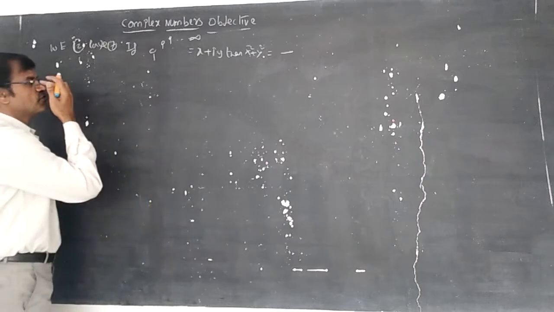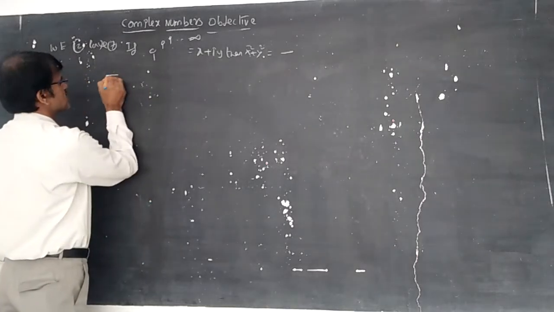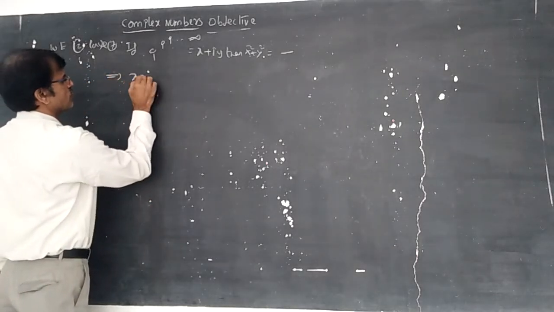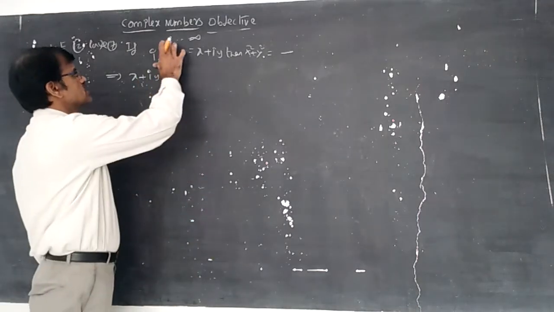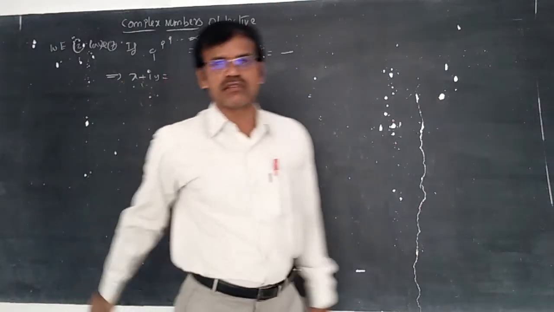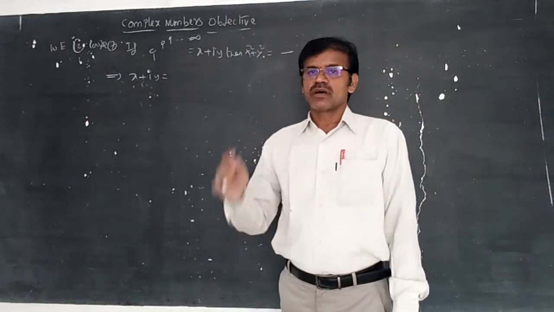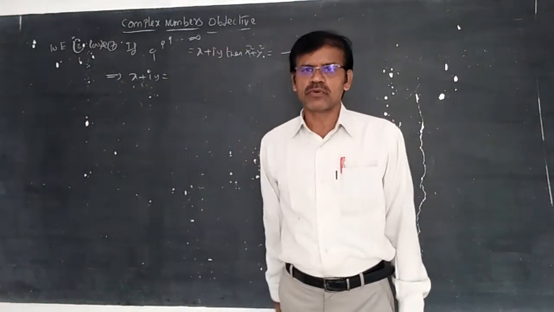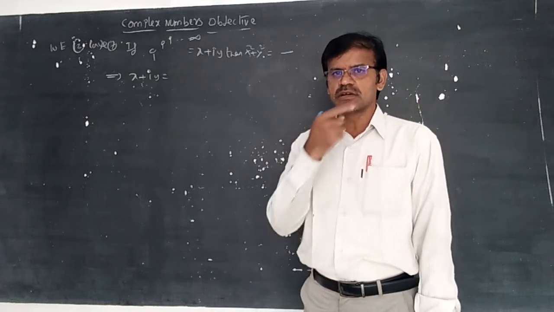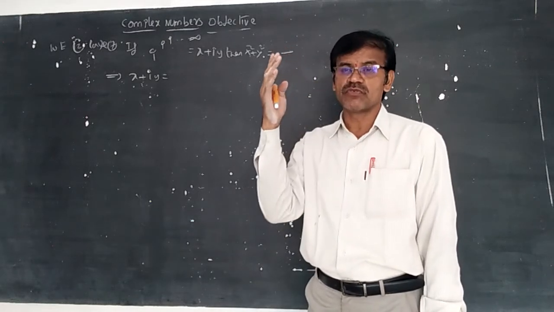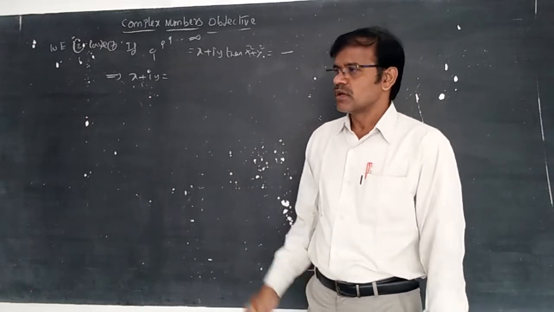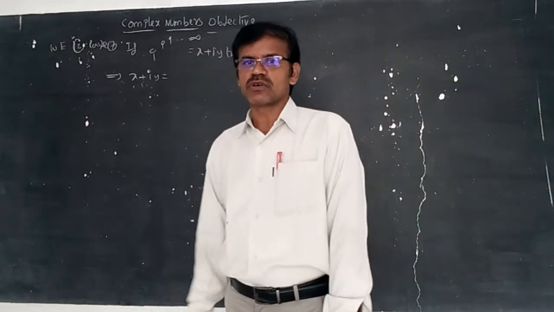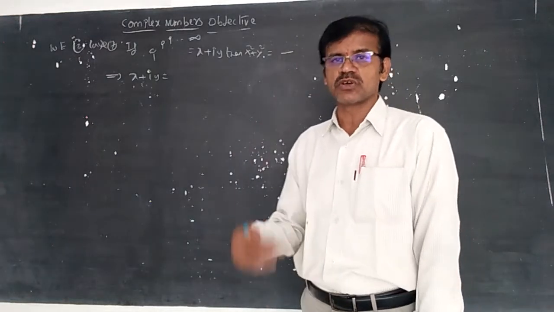According to infinite terms, whatever the expansion is until infinity, if we take only one term less, that is n minus 1 terms, of course infinity minus 1 terms is also infinity.